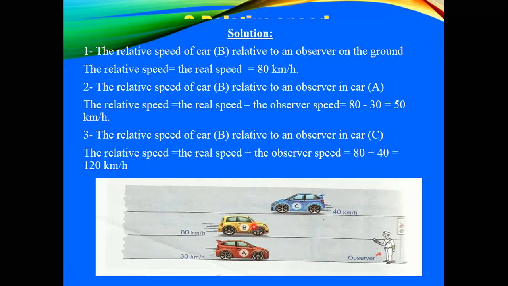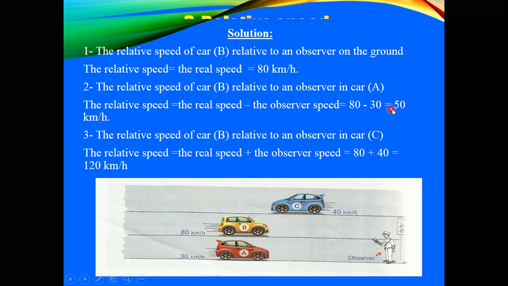Okay كده؟ Second case, if the observer is sitting in car A, it means the observer and the object, which is the car, are moving in the same direction but with two different speeds. Here, the relative speed will be the real speed, which is 80, minus the observer speed, which is 30.